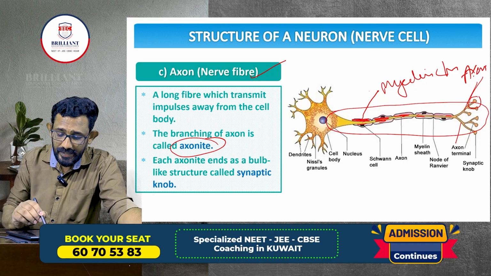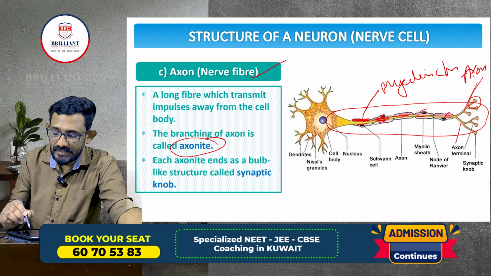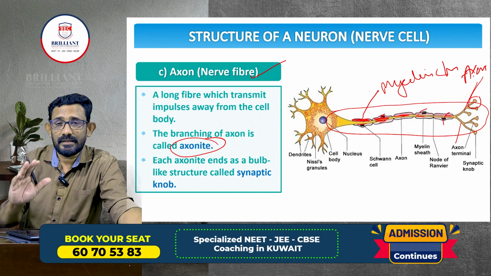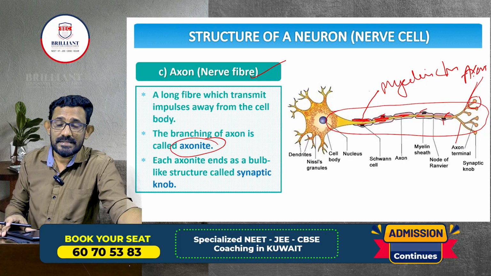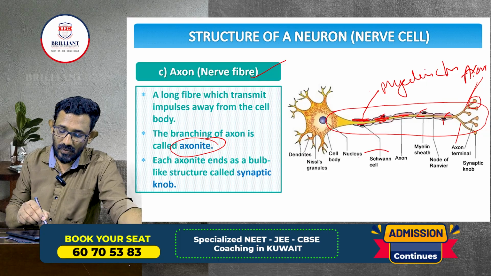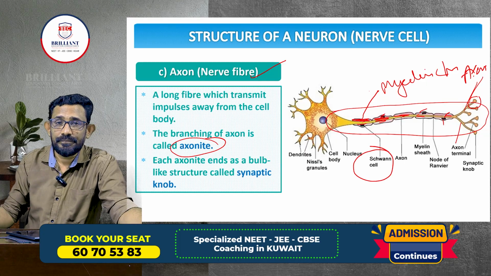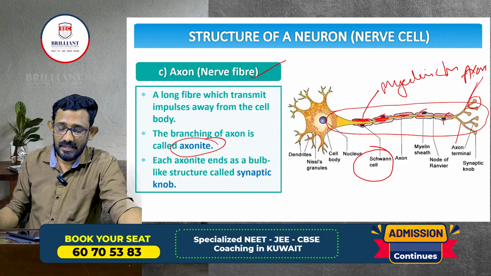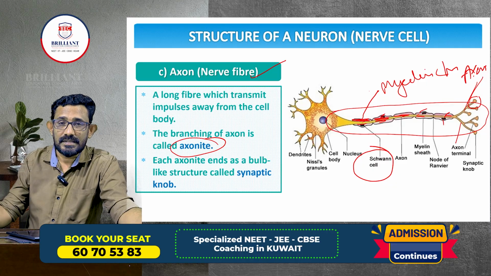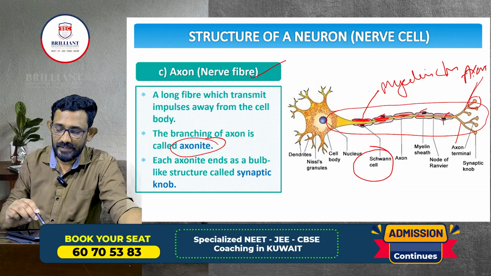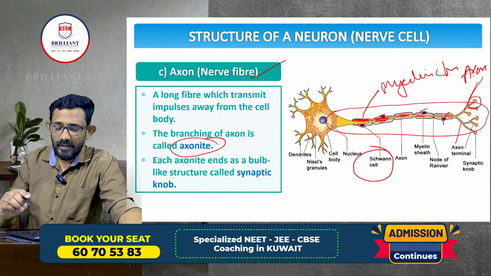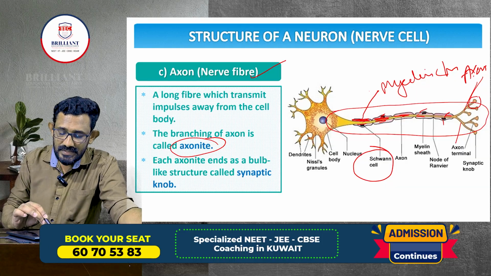And see again these black regions in the picture, that is a special type of cell. Those cells are called Schwann cells. These Schwann cells are responsible for the synthesis of myelin sheath. And again, the myelin sheath is not continuous.